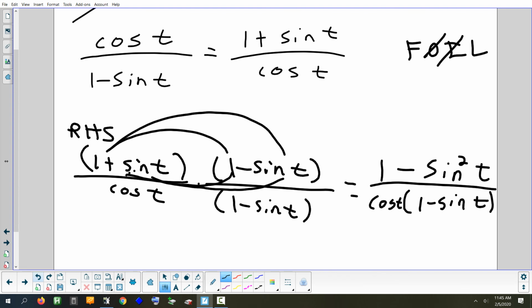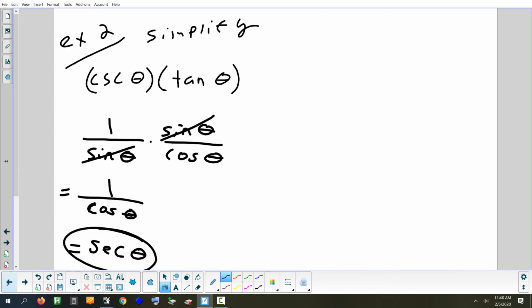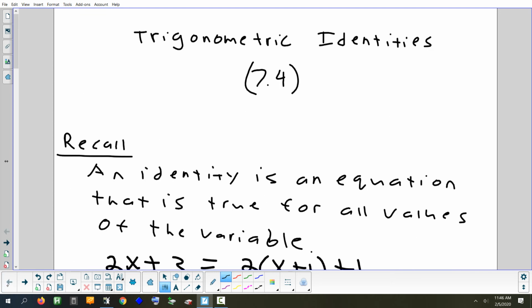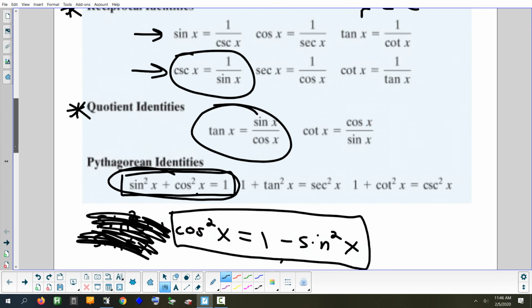Now, there's something there to recognize. Make sure you have that written down and go back to the identities and see if you recognize something there as an identity. What do we have in the top of our fraction right now? 1 minus sine squared.